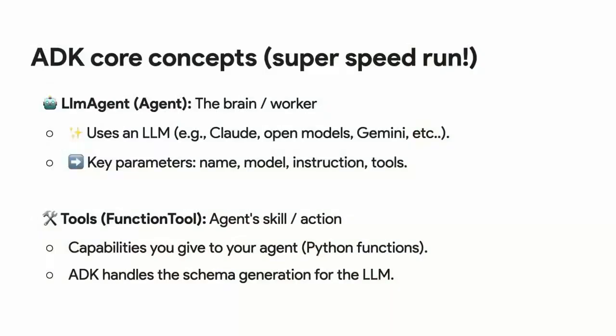But the simplest pattern is the one we use with the LLM agent, which essentially uses just an LLM to build the agent. This class represents the brain of the agent, and it supports several models, including Claude. Essentially, it requires you to set the model, give the agent a name and some instructions, and define the tools that you want to use. And then after you've done this, you get your agent up and running.